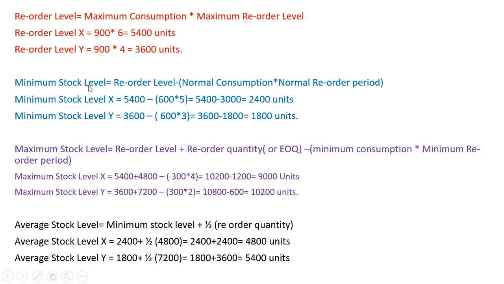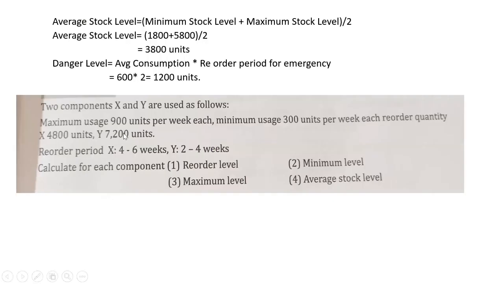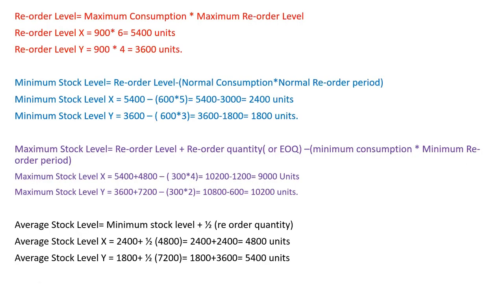Minimum stock level, that is reorder level minus normal consumption into normal reorder period, correct? So here we have calculated the reorder levels for X and Y. We have considered both. And normal consumption, okay. Have they mentioned normal consumption? No. So if not mentioned, then what do we have to do? This maximum plus minimum divided by 2, correct? 1,200 divided by 2, you will get 600. So 600 is normal consumption.